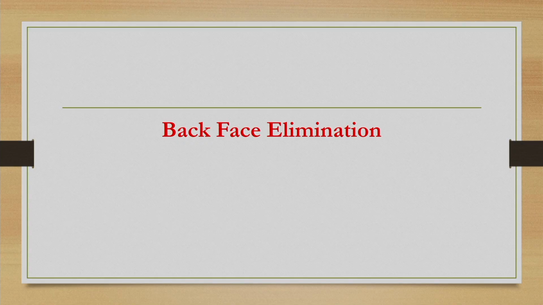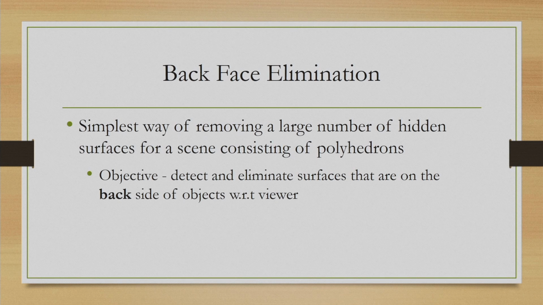So, we start with a simple method that is called backface elimination method. What is this method? This is actually the simplest way of removing a large number of hidden surfaces for a scene consisting of polyhedrons. So, here we are assuming each object is a polyhedron, and using backface elimination we can remove a large number of hidden surfaces.